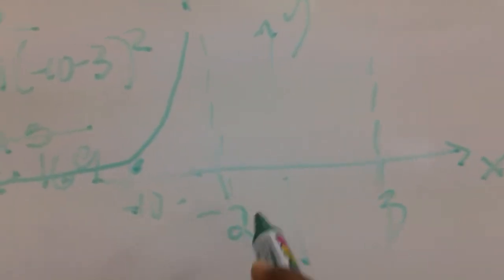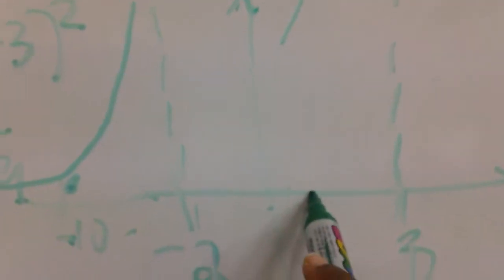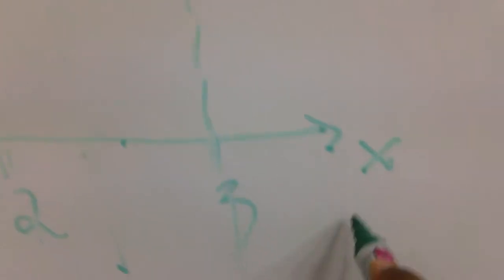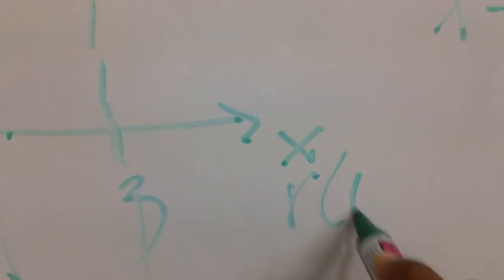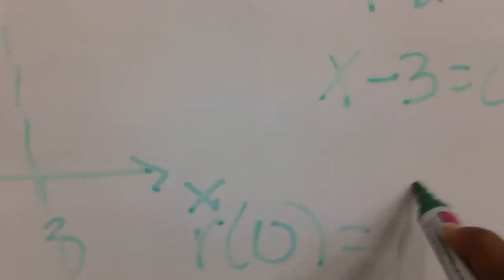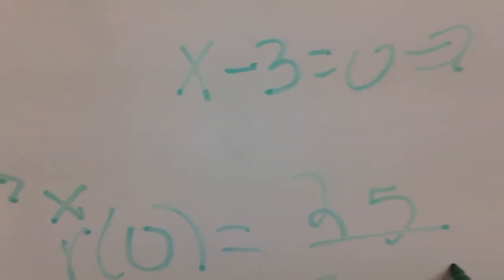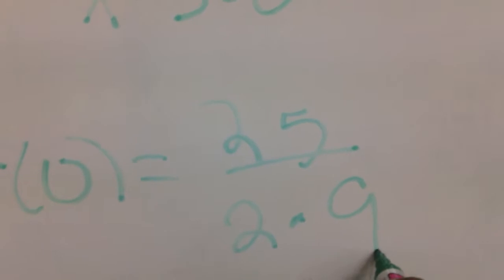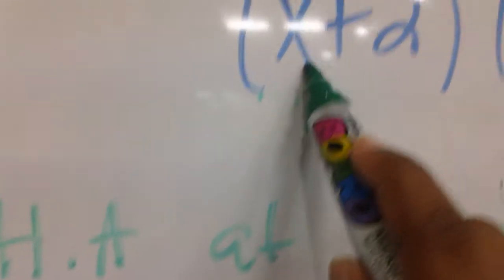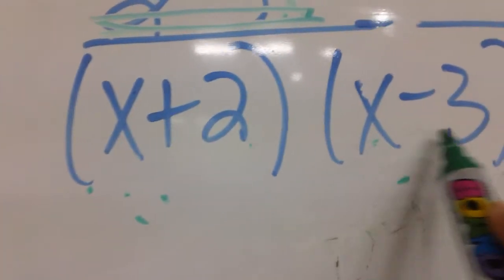I do the same thing for something in between negative 2 and 3. So I evaluate r at 0, because that's there, and I get again 25, and then 2 times 9. Okay, when I evaluated, 0 plus 2 is 2, 0 minus 3 is negative 3, squared is 9.